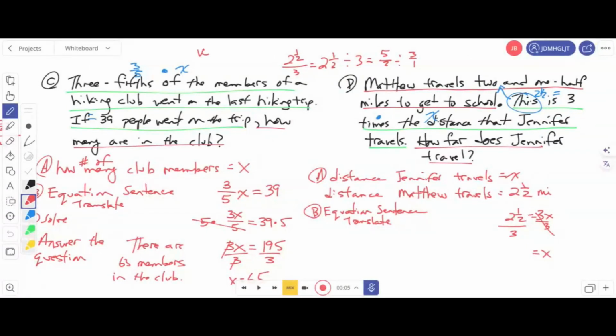You should remember, keep, change, flip: keep the first fraction, change division to multiplication, flip over the second fraction. 5 times 1 is 5, 2 times 3 is 6. We get 5/6. Or if you took 2.5 and divided it by 3, you will get 0.833333 repeating.